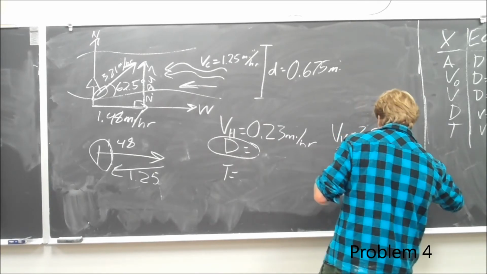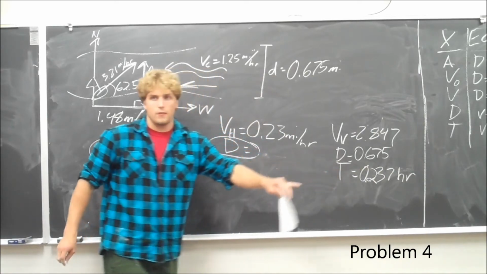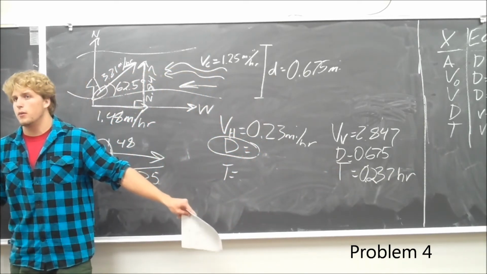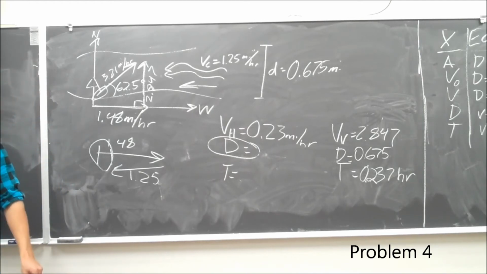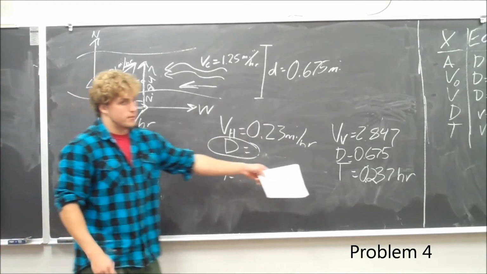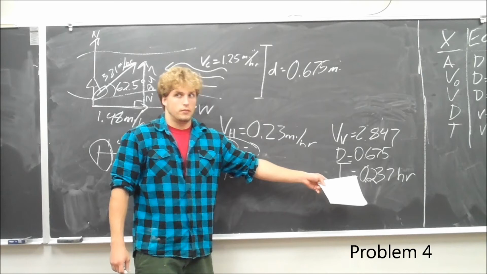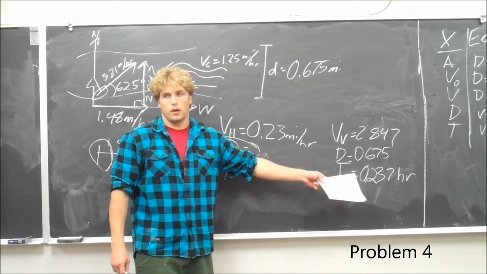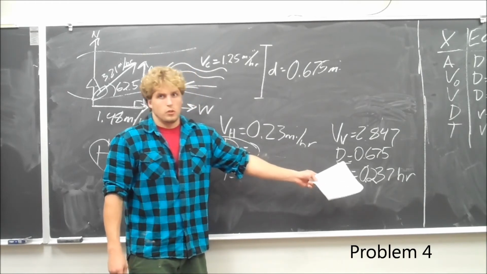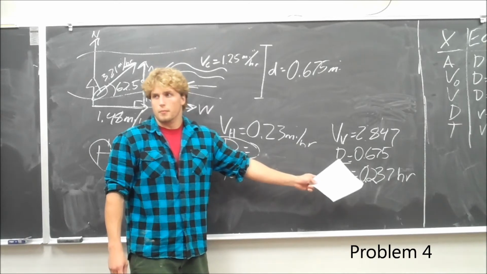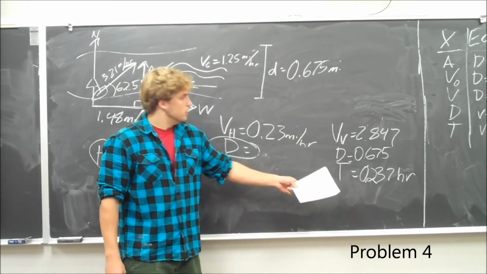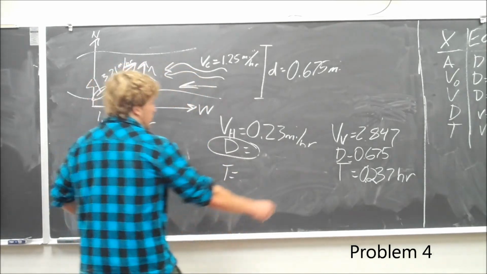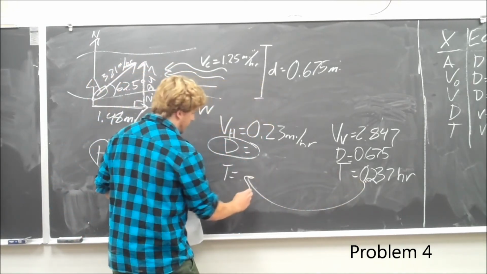0.237 hours. We're still doing everything in miles per hour because we're given miles and we're given miles per hour. So this is going to be hours. That's important. That's why I was talking about units earlier. I'm being lazy and I hate chalkboards, but you shouldn't. Okay, so now bring this guy over here.